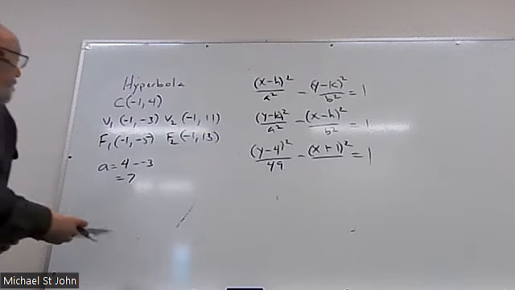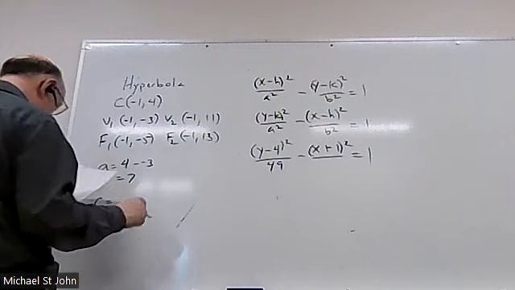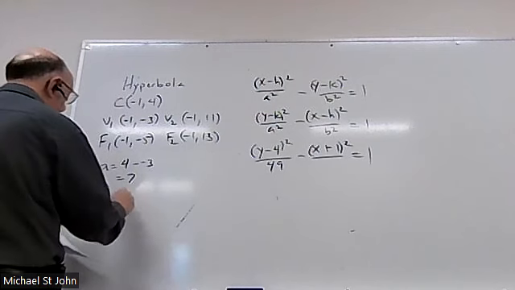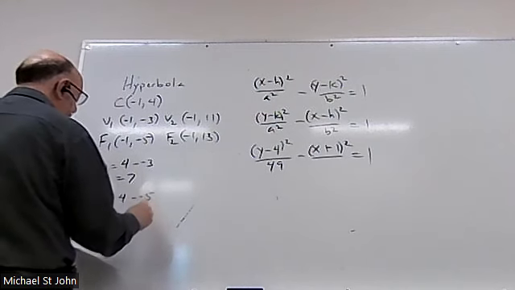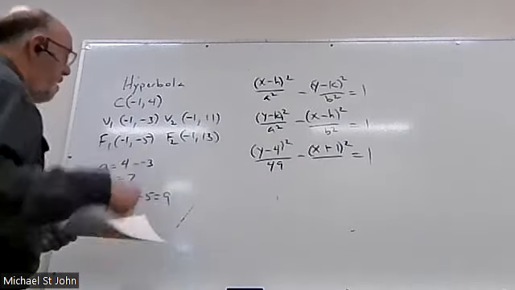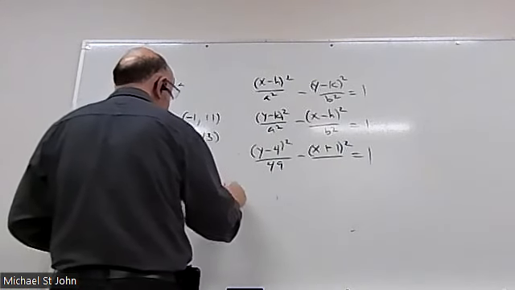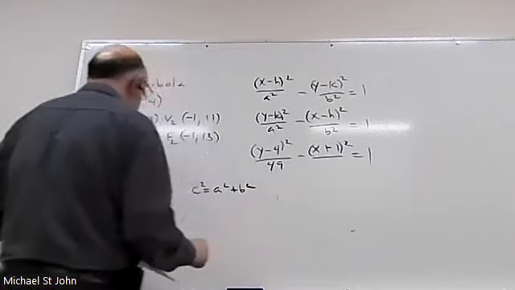And then in terms of my C, for my foci, we have C is going to be 4 minus negative 5. So that is 9. And then for hyperbola, we had c squared equals a squared plus b squared.